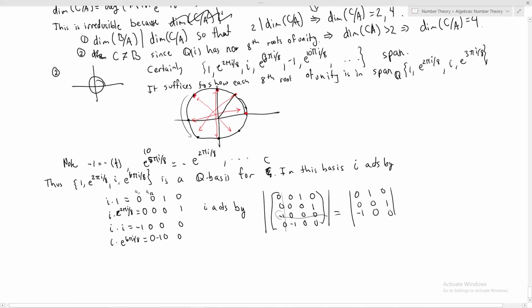Okay, expanding along here. This is positive, negative. I think there should be a negative sign here. So I'm going to get another negative out. Okay, 1, 0, 0, 1, which is just 1. So we found that the norm from C to A of i was 1.